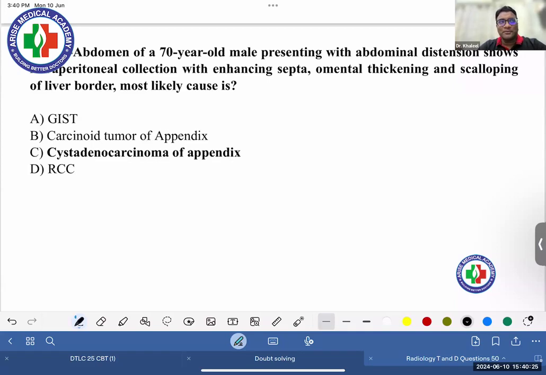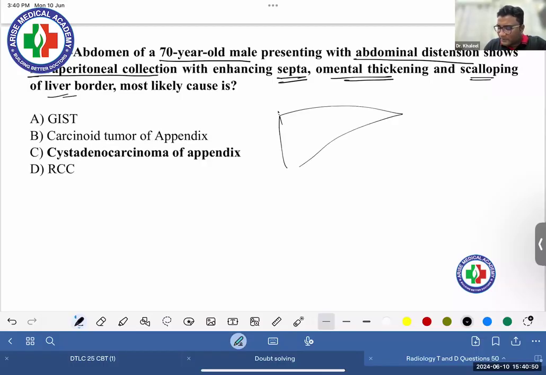Fine. CT abdomen of a 70-year-old male presenting with abdominal distension shows intraperitoneal collection with enhancing septa, omental thickening, and scalloping of the liver border. Now, what is he talking about in all of this? When you have an elderly patient showing abdominal distension, intraperitoneal collection with thick septa, omental thickening, scalloping of the liver border, right?